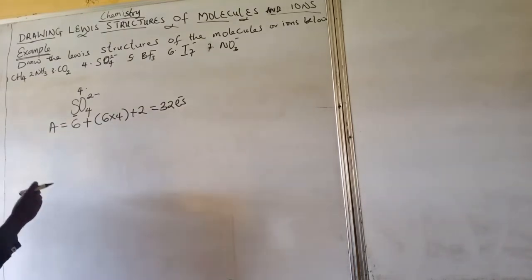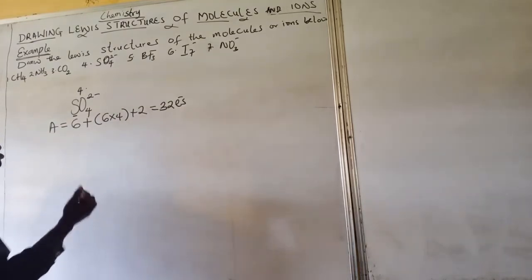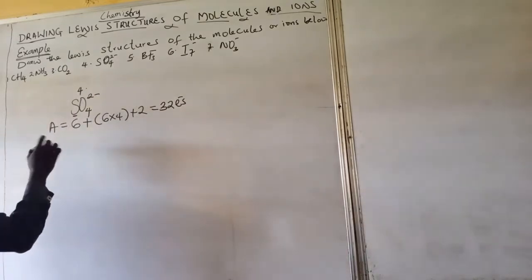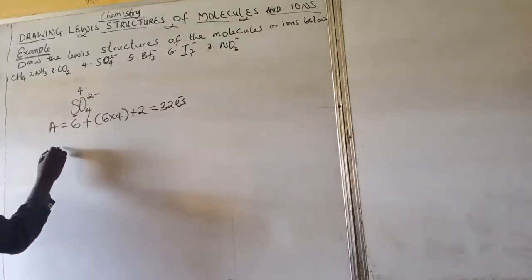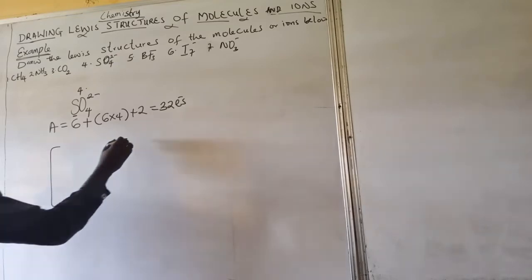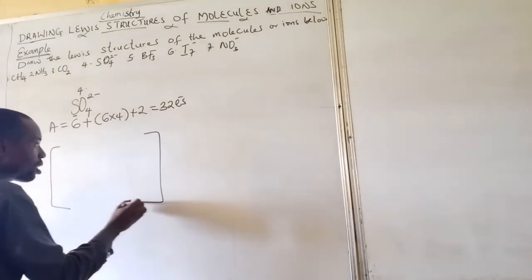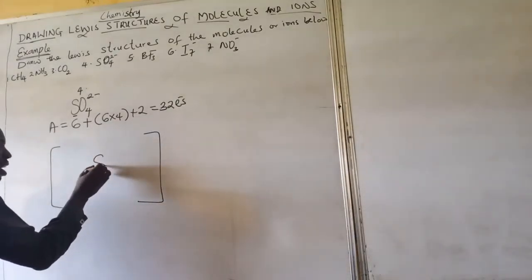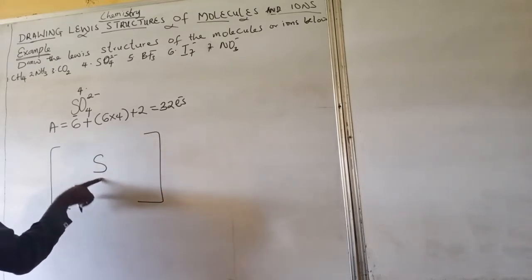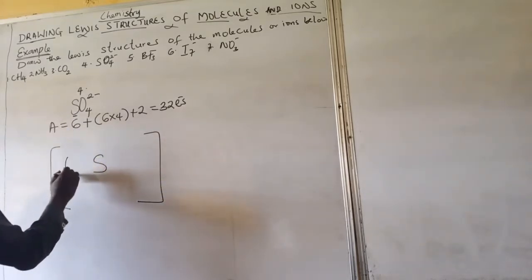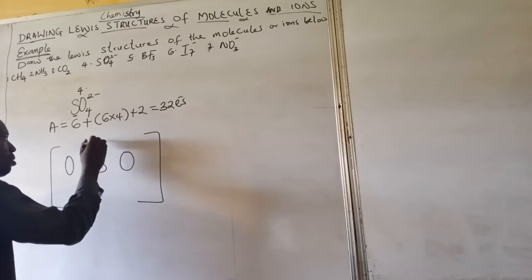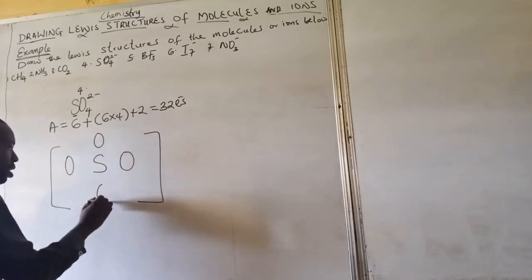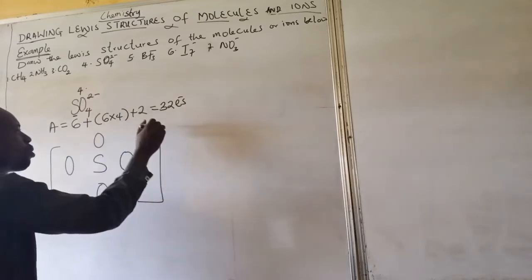So this is how we do it. I'll put it in brackets, in parentheses. I'm having my sulfur here, the central atom. I'm spreading the other oxygen atoms around it. The 2 minus charge will come up here.